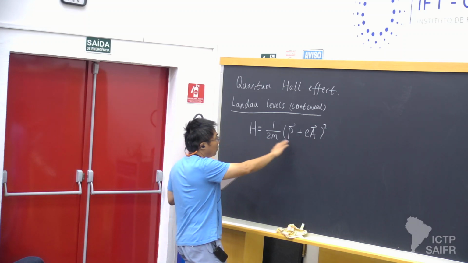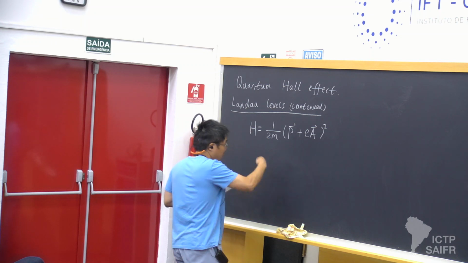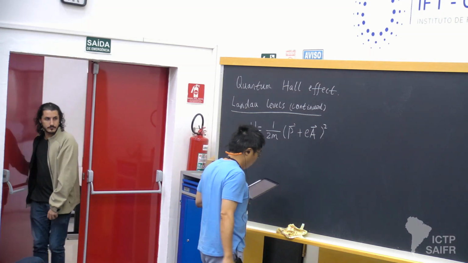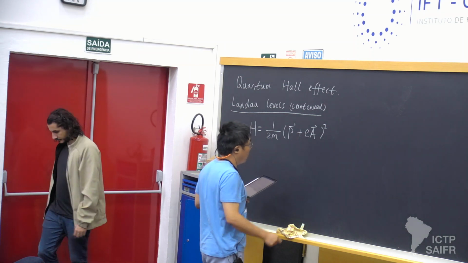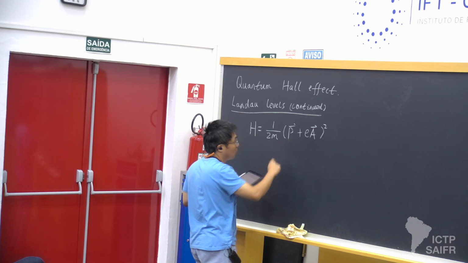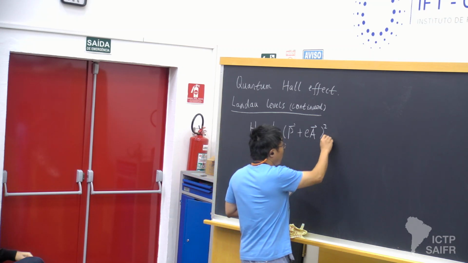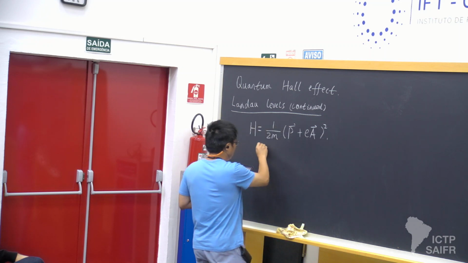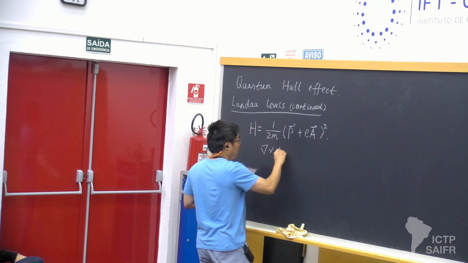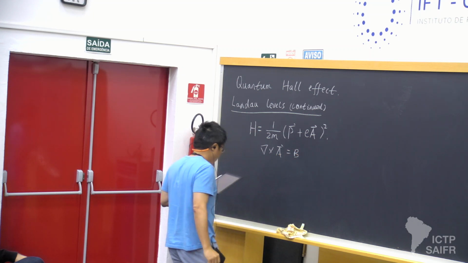So the Hamiltonian is really very simple. It can be written as the square of the mechanical momentum, that is my canonical momentum plus e times the gauge potential. And the gauge potential gives me the magnetic field, which is perpendicular to my two-dimensional plane.